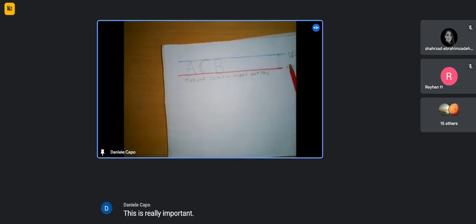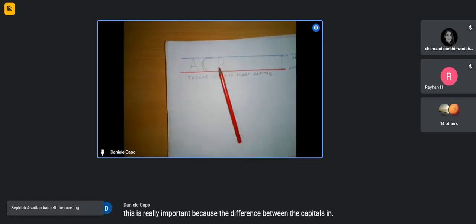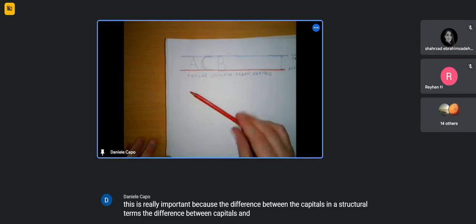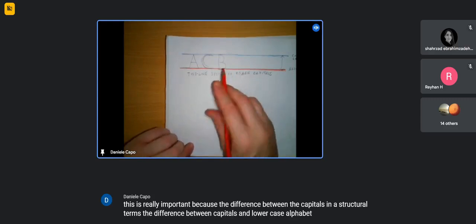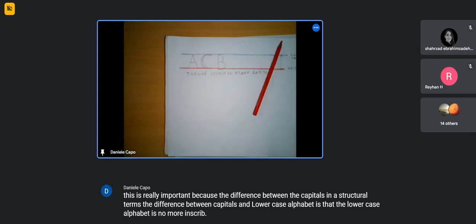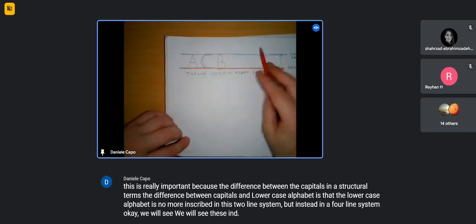This is really important because the difference between capitals and lowercase alphabet, in structural terms, is that the lowercase alphabet is no more inscribed in this two-line system, but instead in a four-line system. Okay, we will see this in details later.